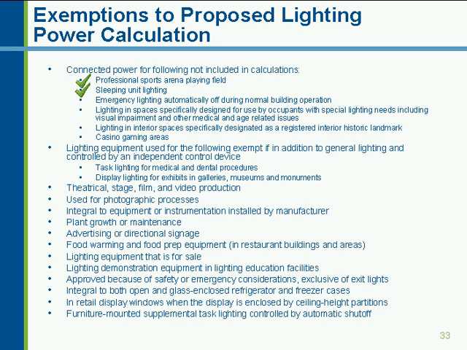Other areas which are going to be quite varied and are for other purposes other than perhaps general illumination, such as casino gaming areas. Task lighting for medical purposes is, of course, exempted. And a whole host of other applications where, again, it's not necessarily general lighting or it's for a specific purpose that really should not be controlled separately. These do not have to be counted when you're calculating your proposed wattage.